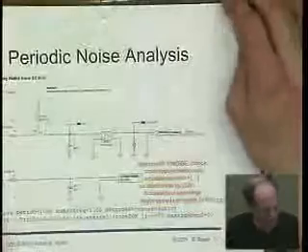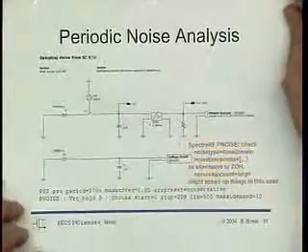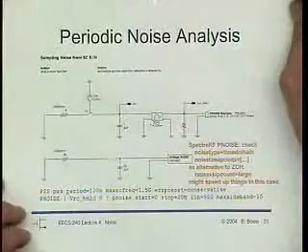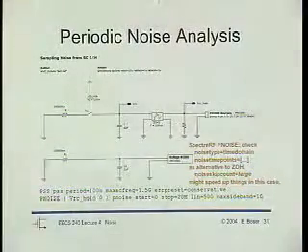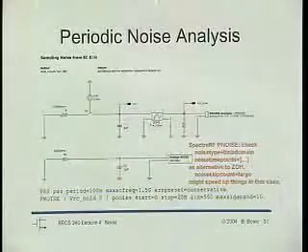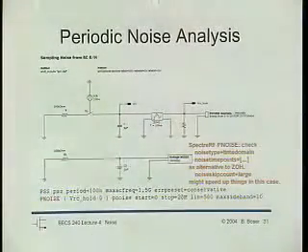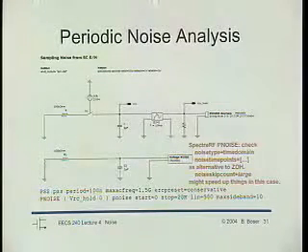Now, the next few slides I want to go over a little bit quickly. Those are mainly placeholders. Suppose you do a PhD thesis or go out and work for a company and you build a complicated circuit, and of course it has lots of these switches and they sample noise, and you want to know what is the noise from this circuit.